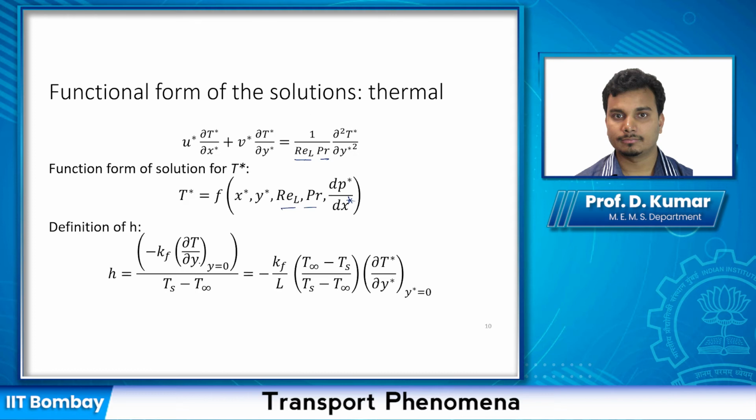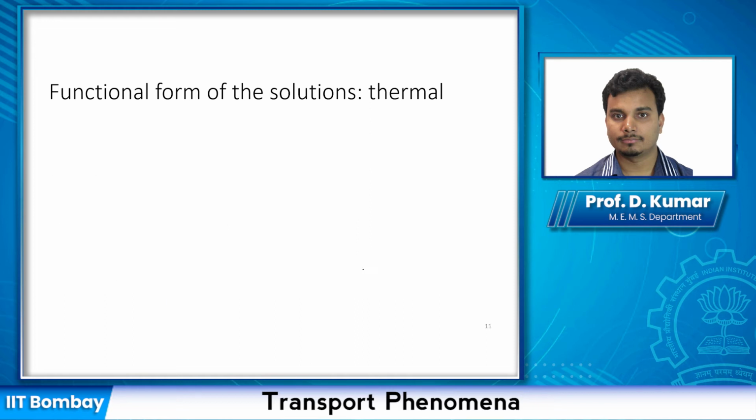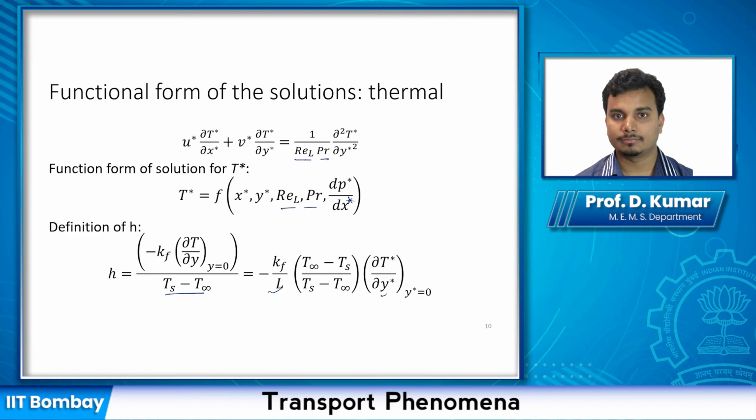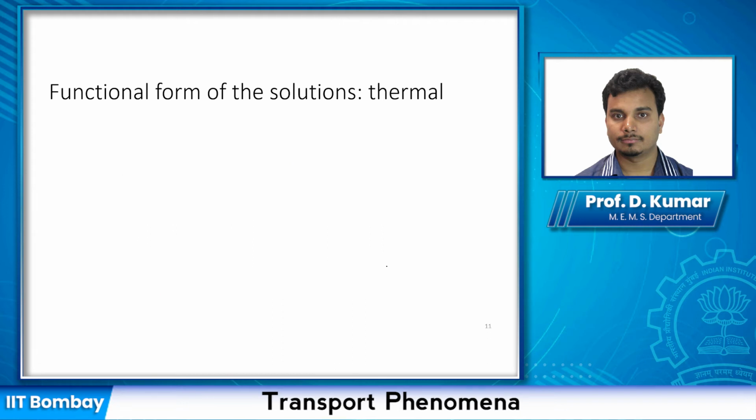So Kf by L times ∂T/∂y can be written as, we have seen it before, T will be T infinity minus Ts, so that will be ∂T star, and y will be L times y star. So this L and y star, and you already have Ts minus T infinity. So what we see essentially is your h is equal to, this term will cancel out, h is equal to Kf by L and ∂T star by ∂y star at y star equals 0.